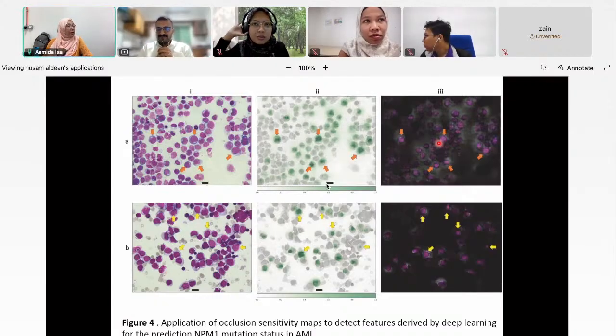I thought Amir was asking if the hematologist could identify or differentiate the NPM1 mutated cells. Yeah, that's my question. Okay, maybe I misunderstood everyone, because he was explaining about the model. The straight answer is they cannot.